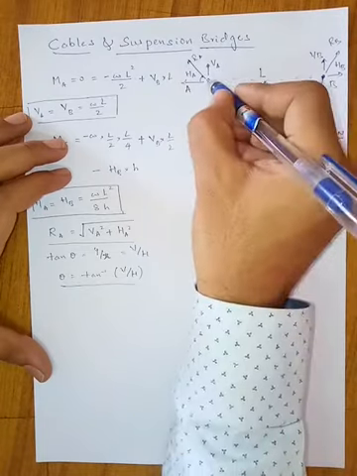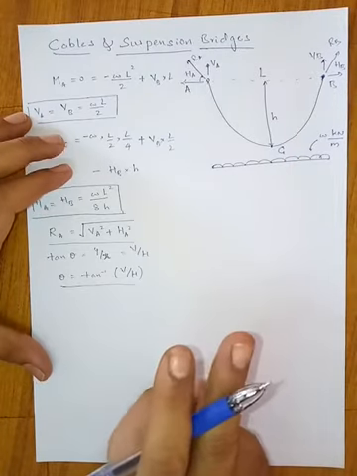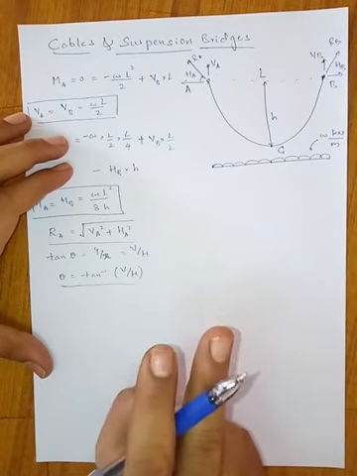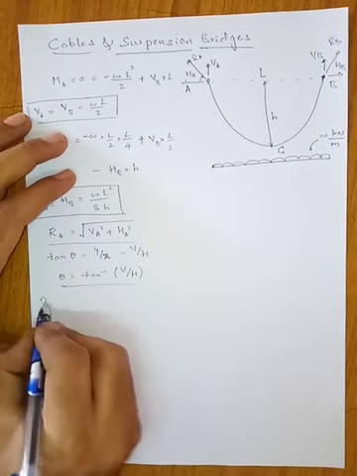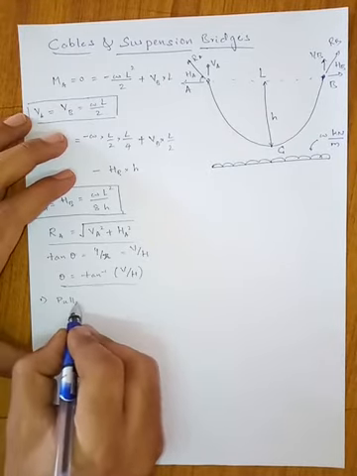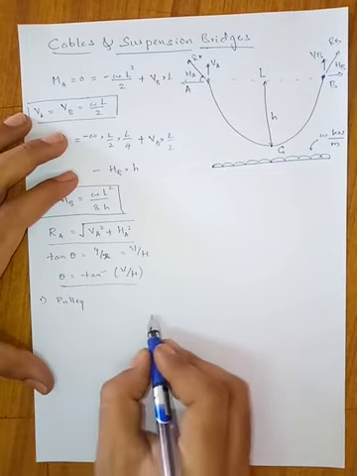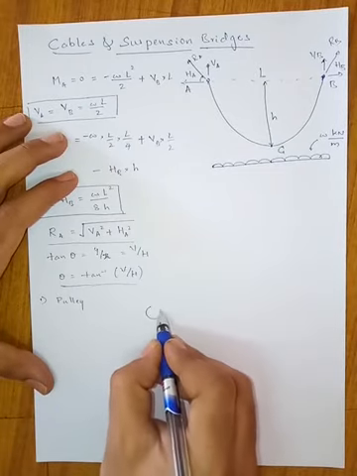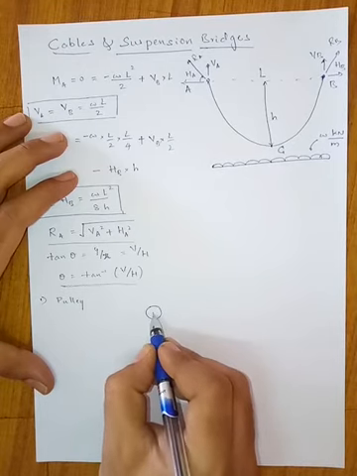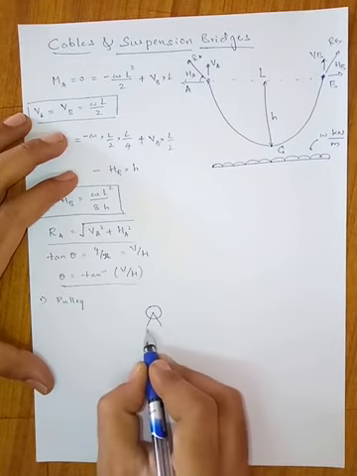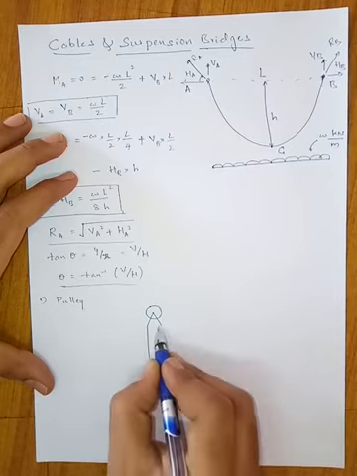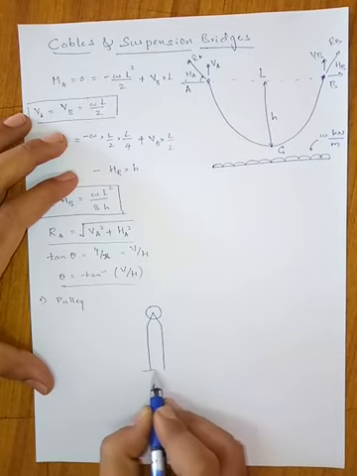Here there are two types of supports for suspension bridges and cables. The first type of support is the pulley support. What is this pulley support? Here we have circular pulleys which are mounted on a column or pier.